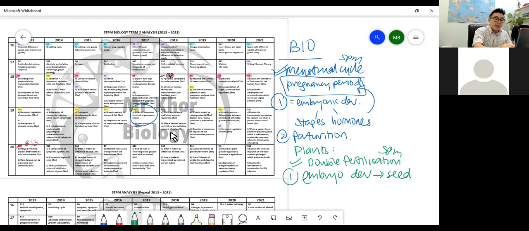Okay, number one. Number two, guys, mobilization of the nutrients in the seed. Make sure you know this particular process. What's your first point? Imbibition, correct? Water enters the seed. Gibberellin synthesis moves to the aleurone layer.